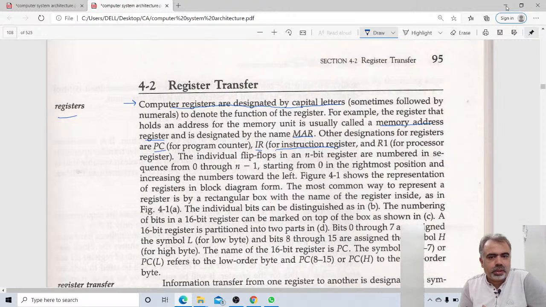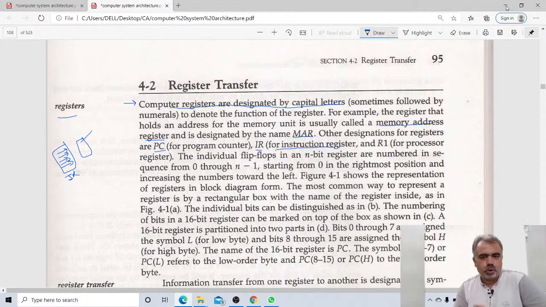As the name suggests, this is a register which stores the instructions to be executed. It doesn't happen that you give an instruction and it is executed immediately. Actually, we provide a set of instructions in one go to the computer, and these instructions are stored somewhere in a sequence. That is the IR, the instruction register, where these instructions are stored in a proper way.